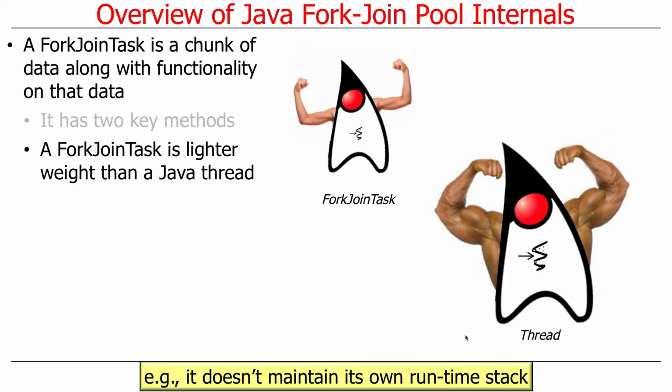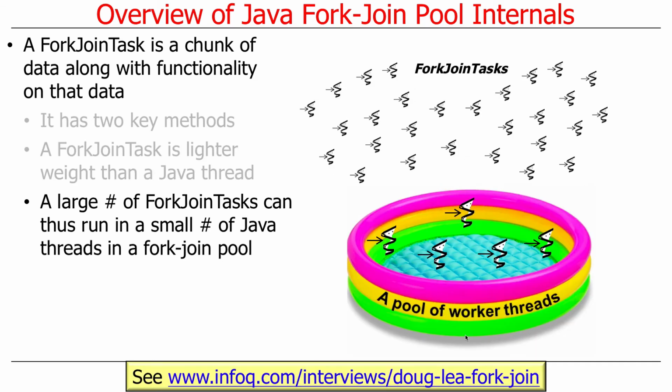And these threads, of which there are few, will run these ForkJoin tasks, of which there can be many, many, many. So we can have hundreds or thousands or maybe tens of thousands of ForkJoin tasks that are all being multiplexed over a much smaller number of Java threads.